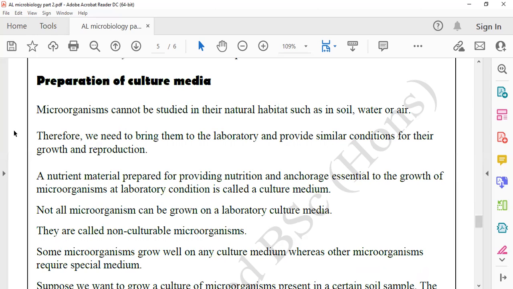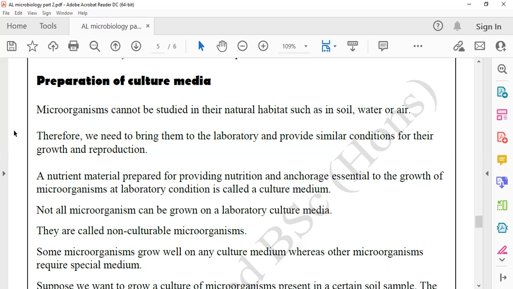Some people will culture microorganisms for industrial purpose. For example, if you want to do a yogurt business, you need Lactobacillus bulgaricus bacteria. From where can you get Lactobacillus bulgaricus in pure form?